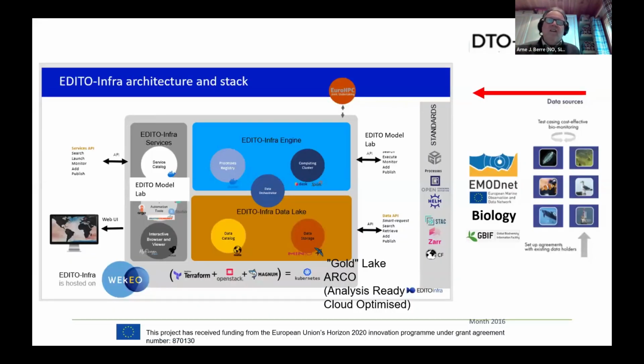Here we see a picture to the left of the DTO infra architecture and stack, and the point is to highlight now the data lake here in orange in the middle, which is providing the data for the digital twin engine and interacting with the services and the user interfaces. And the data lake here is a gold lake that is analysis ready and cloud optimized, using typically Apache OpenStack Kubernetes architecture.